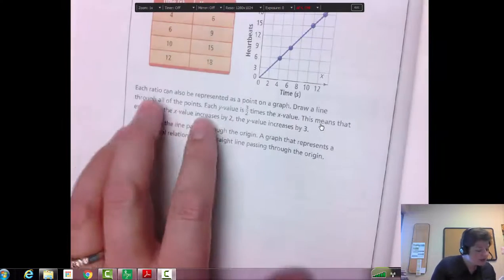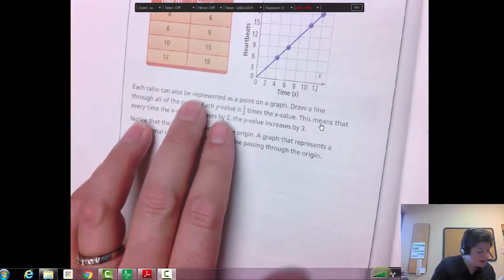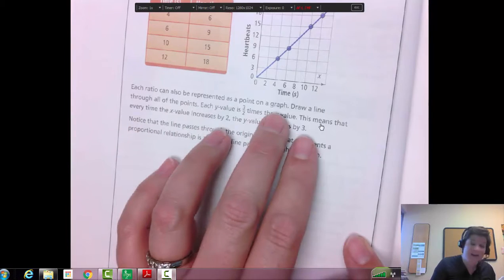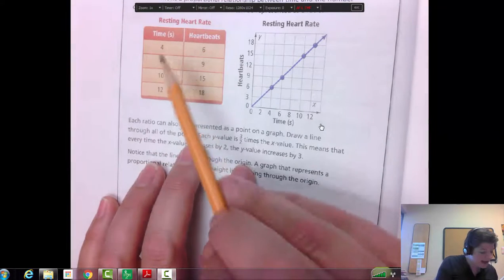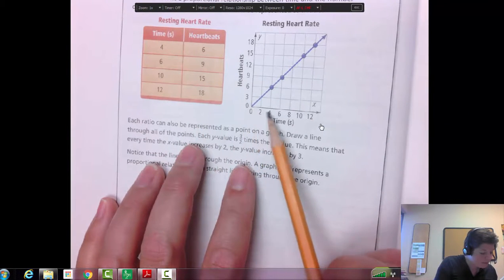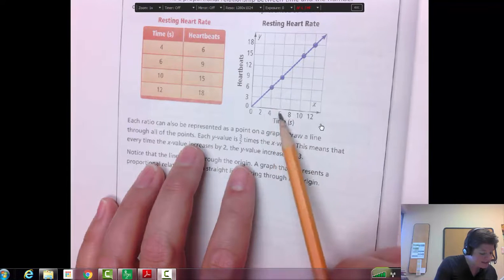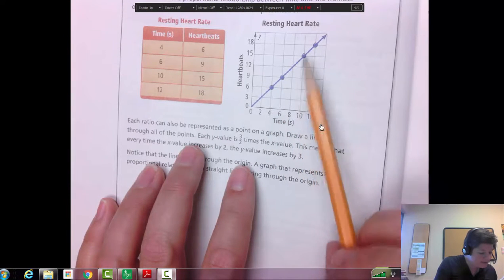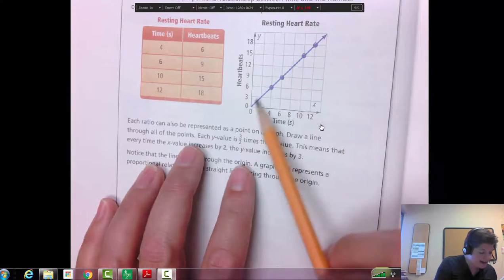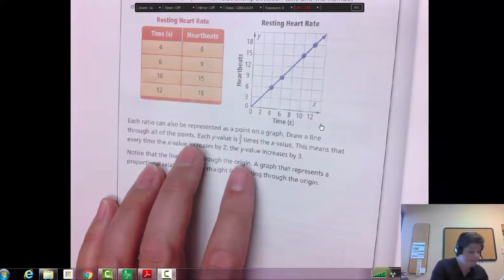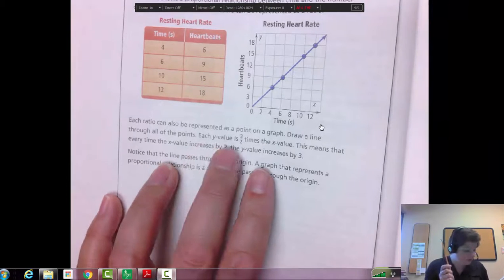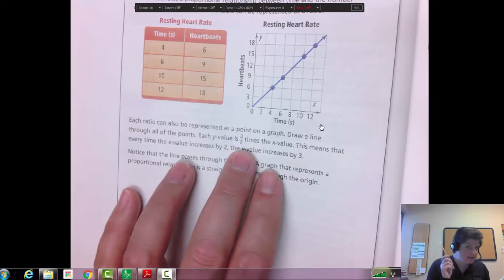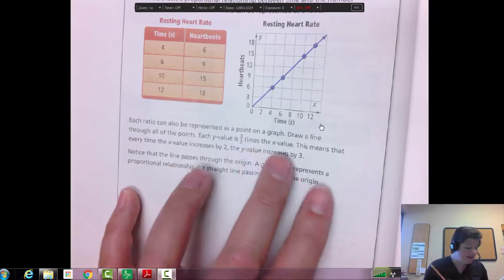Okay, so this one goes on to say each ratio also can be represented as a point on the graph. So let's look at that. And then they say they draw the line through all the points. So we have 0, 0, but we go over to 4, 6, 6, 9, 10, 15, and so forth. And it draws a line and it goes through that origin, okay? And they say each y value is 3/2 times the x value.